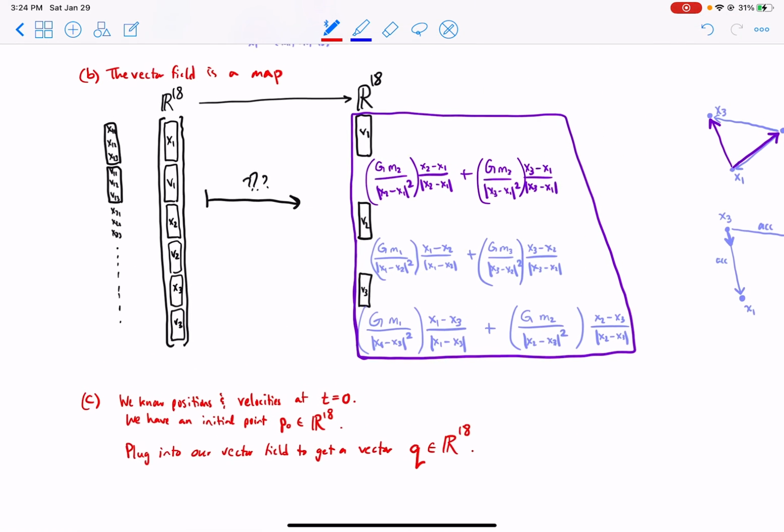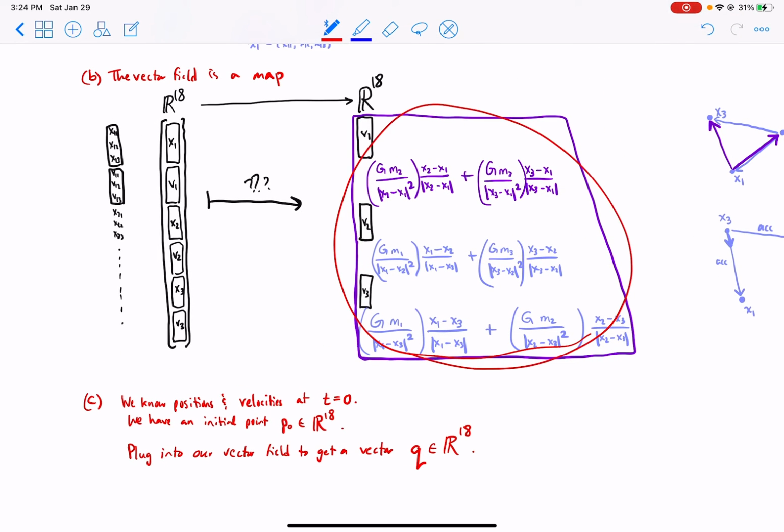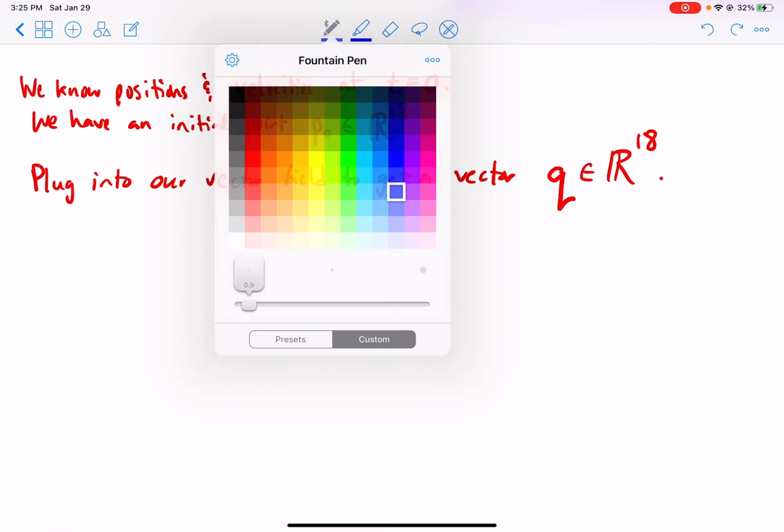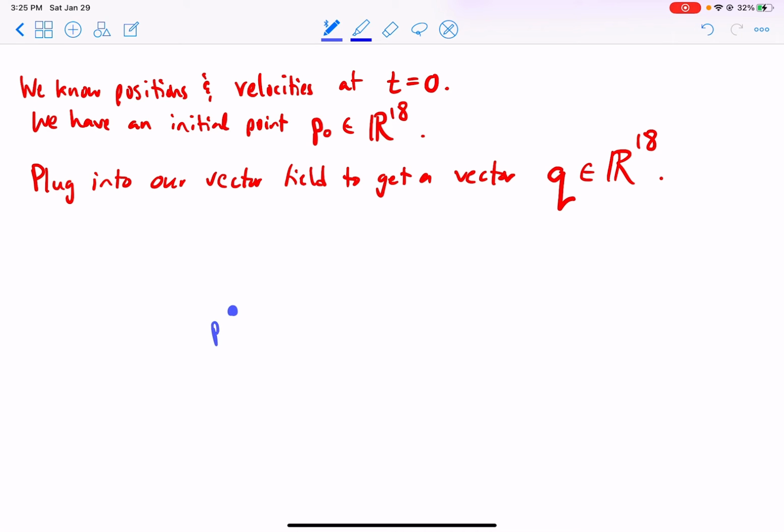So in particular, we literally plug into these formulas with all the initial positions, etc., and we get actual numbers, and we get some actual vector Q. And so let's draw a picture of this. This is obviously a cartoon. Here we are at P0 in R18. And we have Q in R18. Q is this vector.